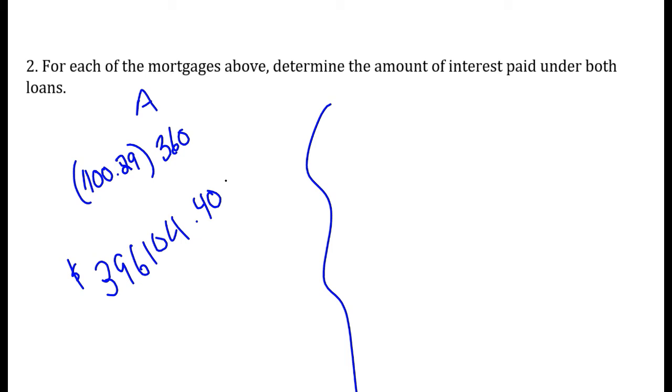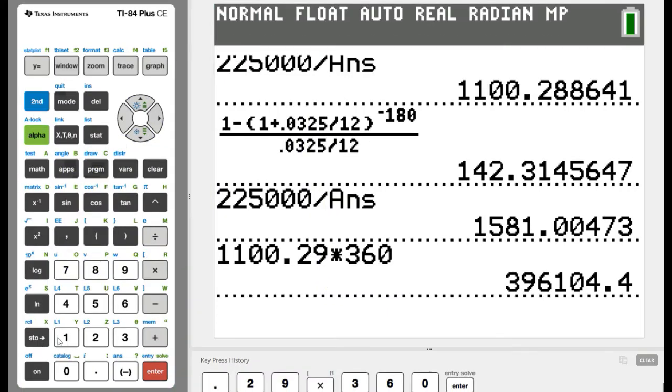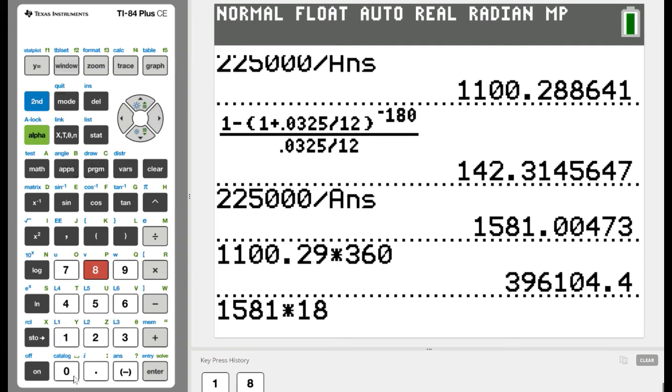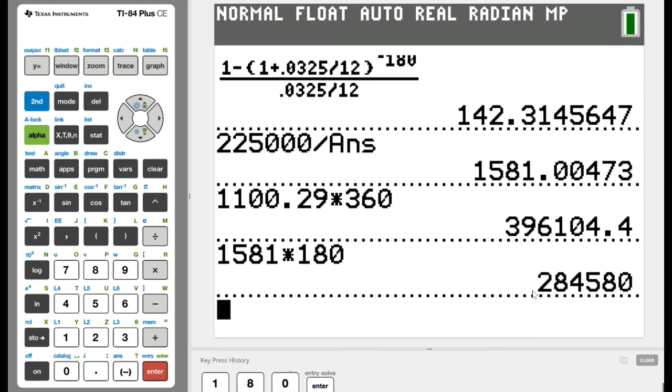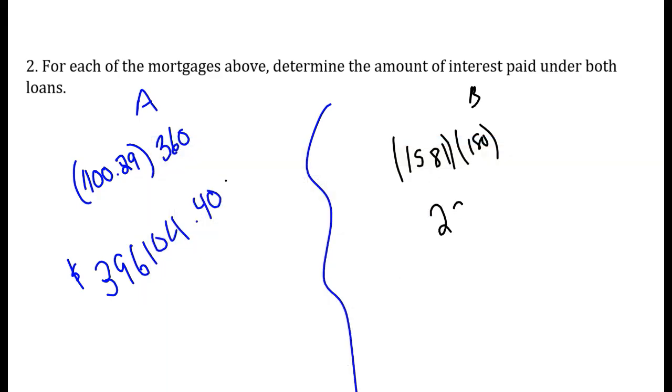Whereas for mortgage B, my monthly payments were $1,581, and because it's only a 15-year loan, my monthly payment only gets paid 180 times. So $1,581 times 180, I'm giving the bank $284,580.